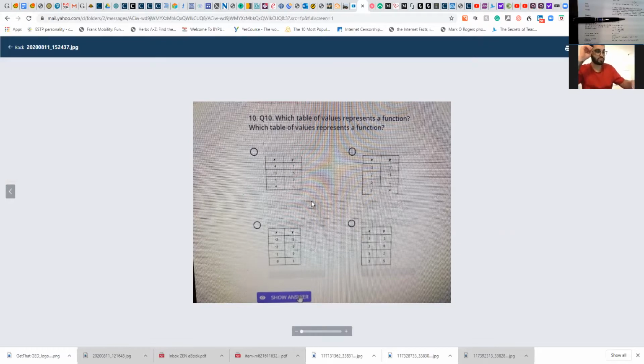Okay. So when you're looking at this, what they're asking you for is, and we brushed over this the other day, I think on Monday: for something to be a function, X will never repeat. Y can repeat, but X will not repeat.